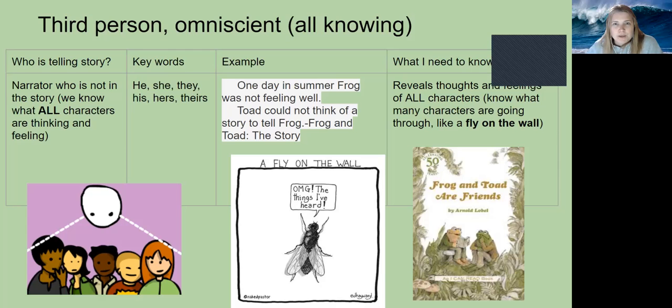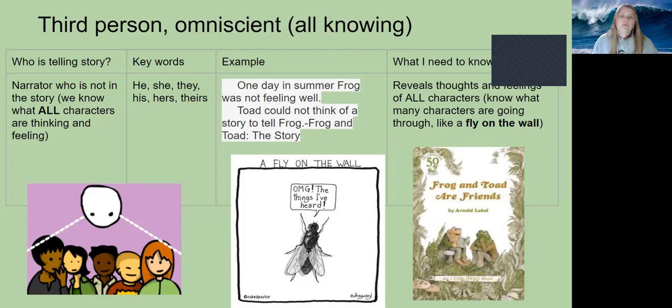A good example of an omniscient point of view would be fairy tales, in which you know Snow White is this gullible, sweet young princess who loves the outdoors. And you also know that the evil queen wants to kill her because she's so jealous. And you also know that the king is clueless.